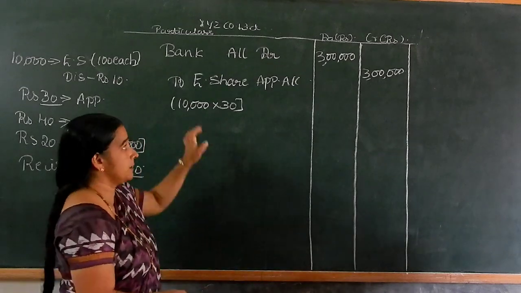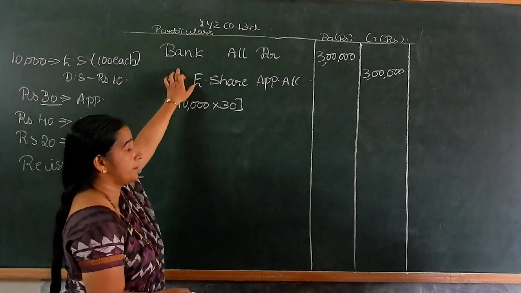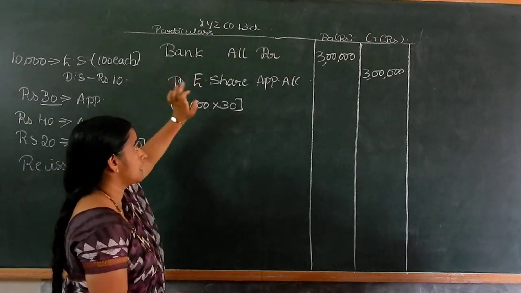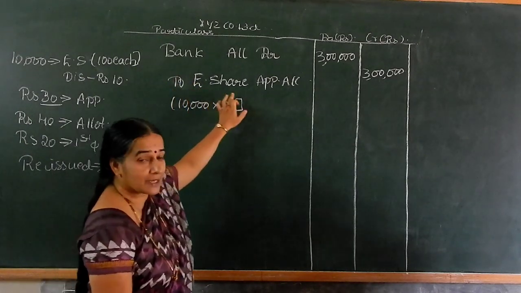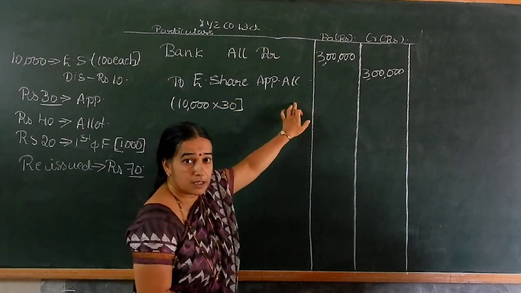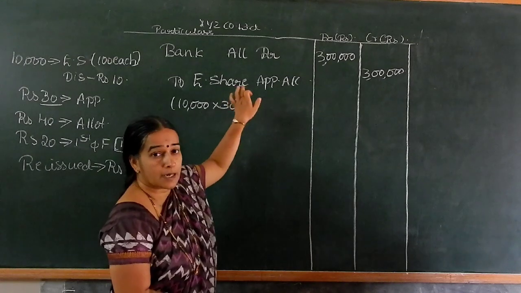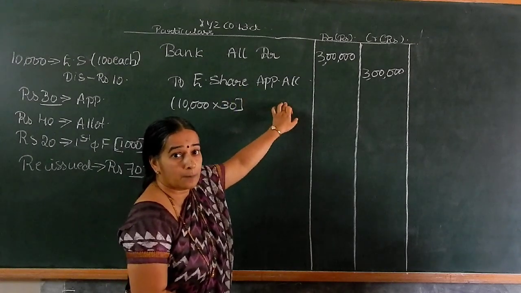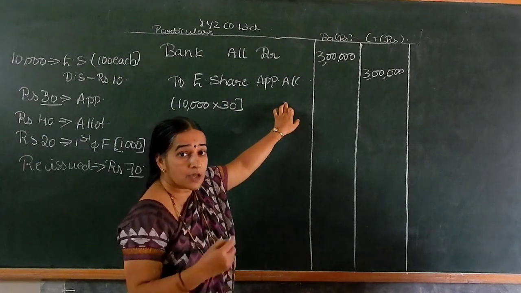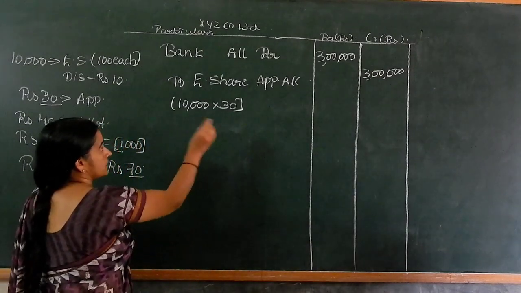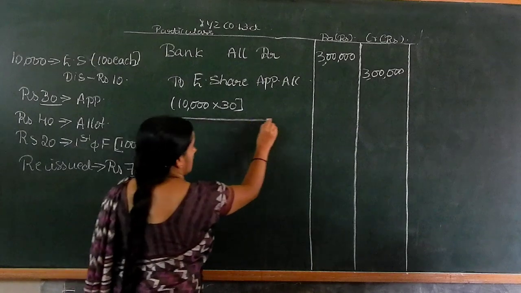Bank will be the receiver of the benefit. So bank account is debited and equity share application account is credited, because equity share application represents the applicants who are the givers of the benefit. So their account is credited.